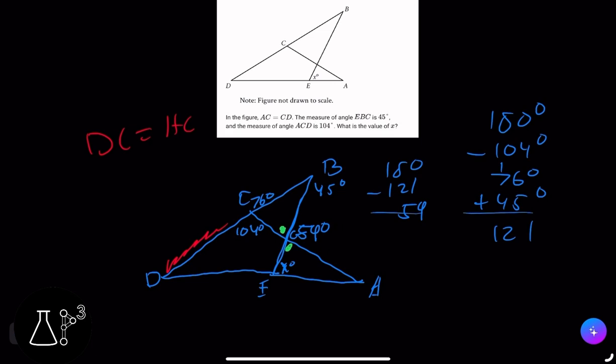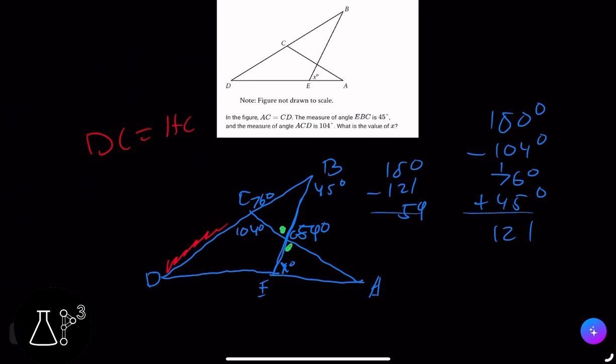Okay, so this is the important step. We see that DC equals AC. Because two sides equal each other and one side doesn't, this is an isosceles triangle. An isosceles triangle is where two sides equal each other and one side doesn't. Therefore, because two sides equal each other, two angle measures should equal each other as well. So we do 180 minus 104, which gives us 76.